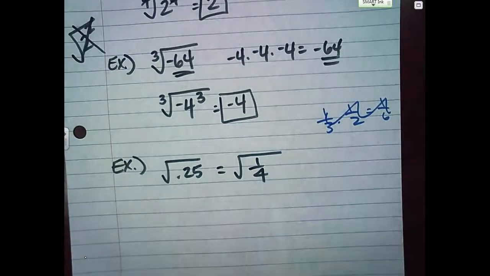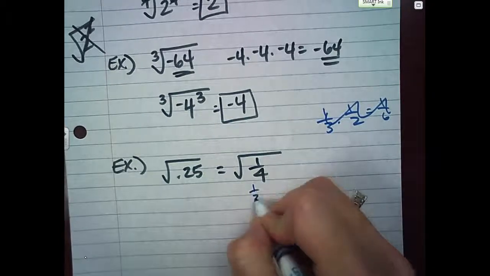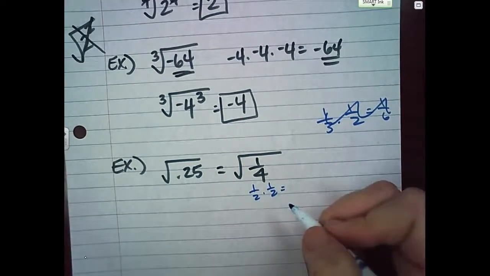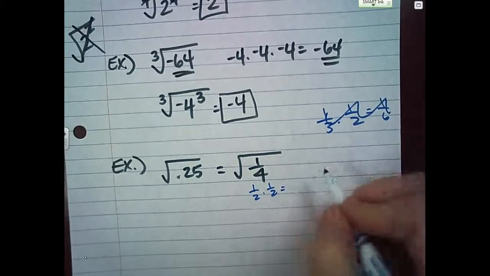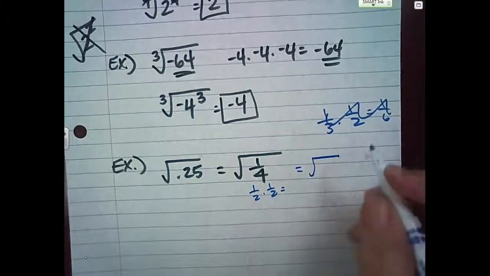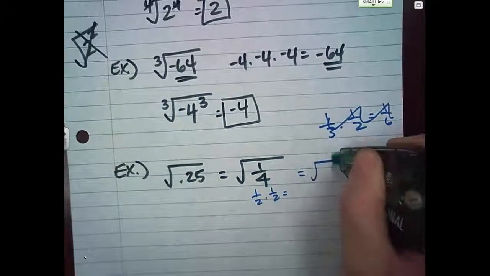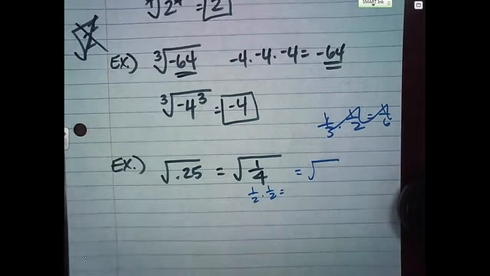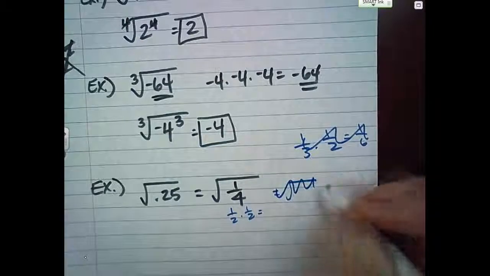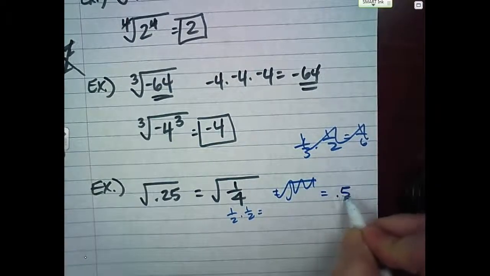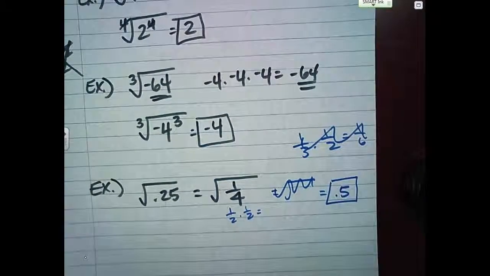So what do you think the square root of 1/4 is? It's 1/2 times 1/2. So you get 0.5 or 1/2. I would take either one.